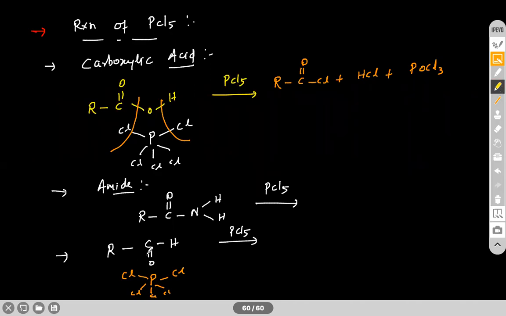One of the bonds here will take this chlorine, another one will take this chlorine, and this phosphorus will go with this oxygen. So you'll get RCH, and we have 2 chlorine here. This is the product we get, plus POCl3.